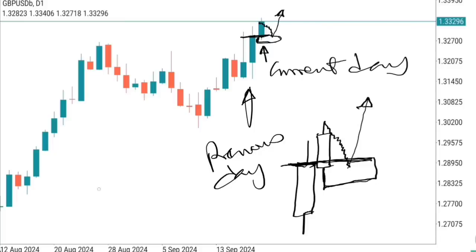Now for a bearish phase, the bearish pattern for this strategy will look like this. Here for a bearish candle, this is the open, this is the high, the low, and this is the close.